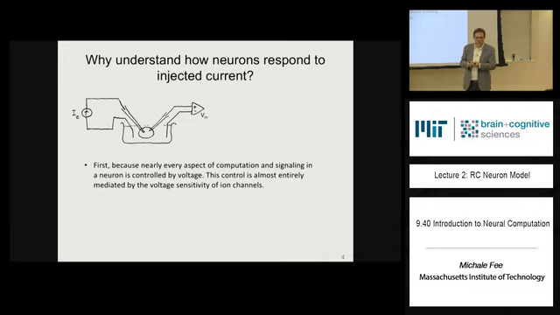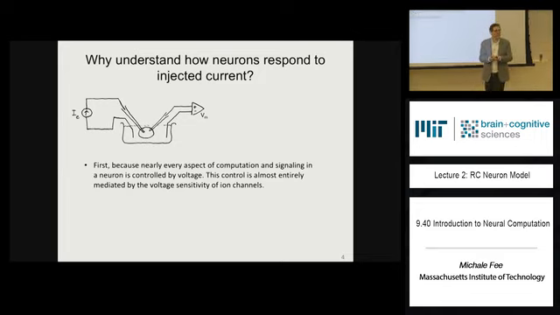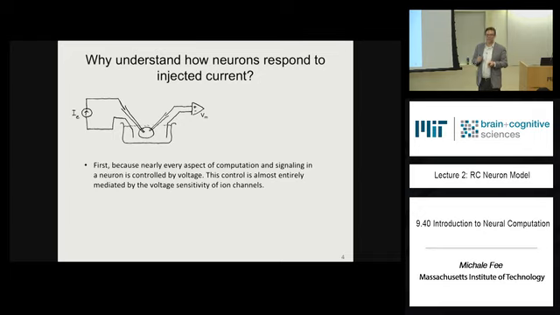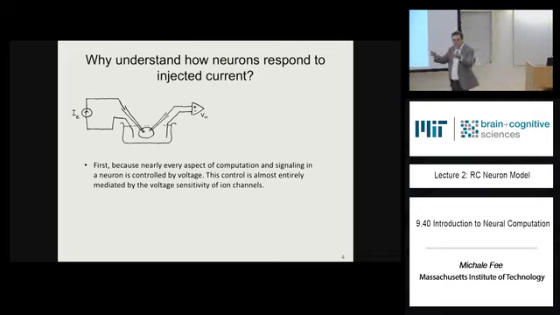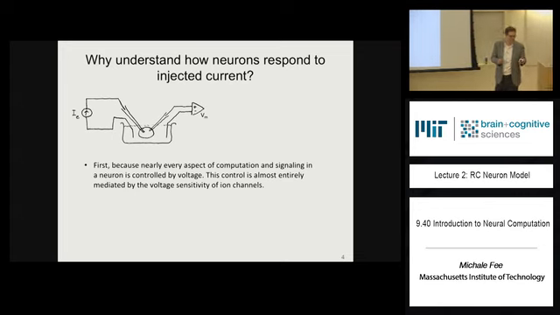And so it's really important that we understand how the neuron transforms that current input from other cells and from the sensory periphery into voltage changes that then change the behavior of ion channels. Is that clear? That link of current inputs to voltage output is really crucial. And that's why we're doing this experiment. Okay?